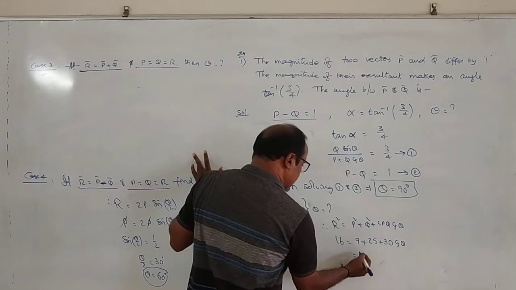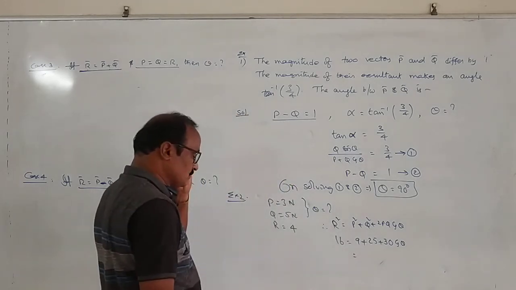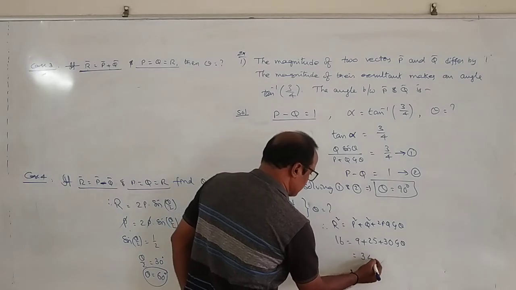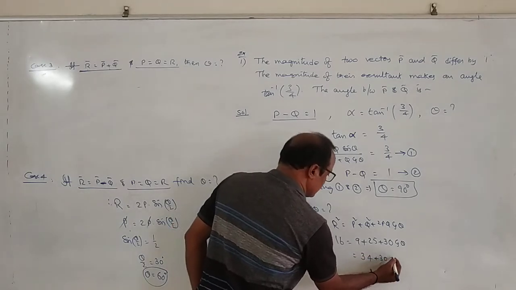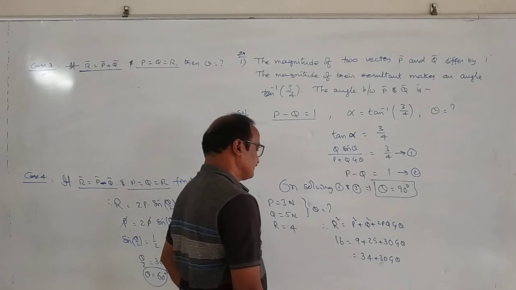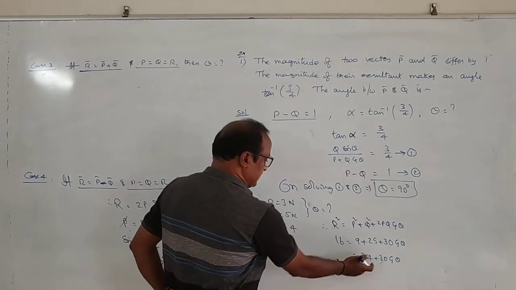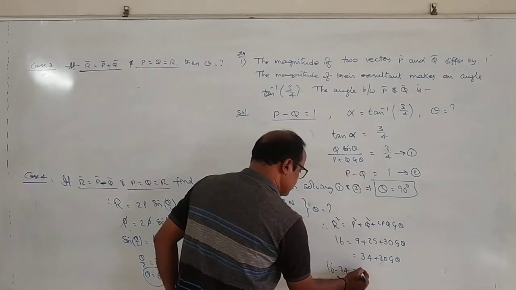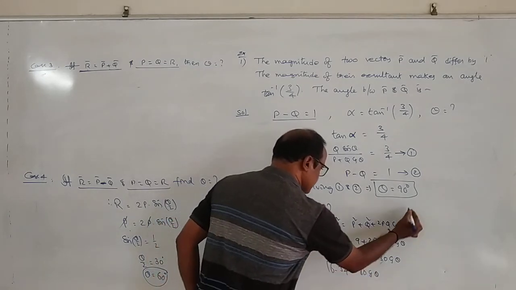Here 9 plus 25 is 34, plus 30 cos theta. Taking 34 to this side, 16 minus 34 is equal to 30 cos theta.